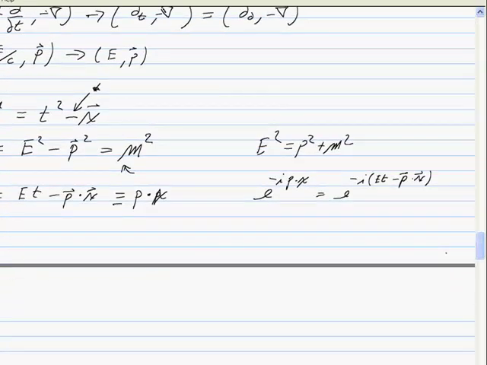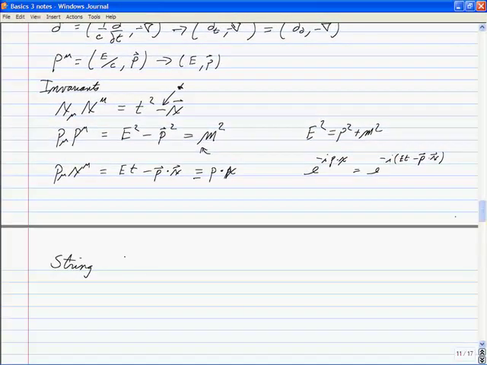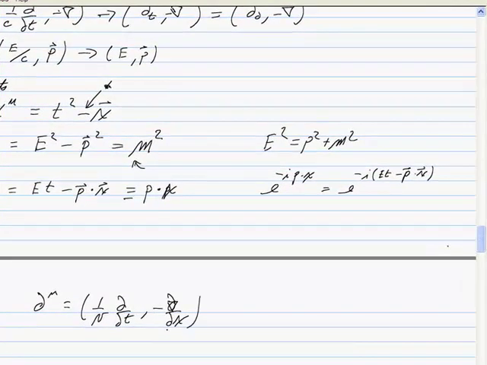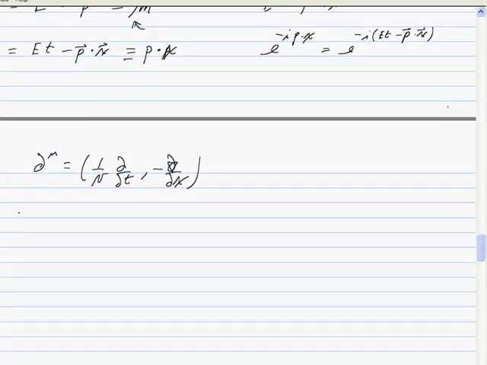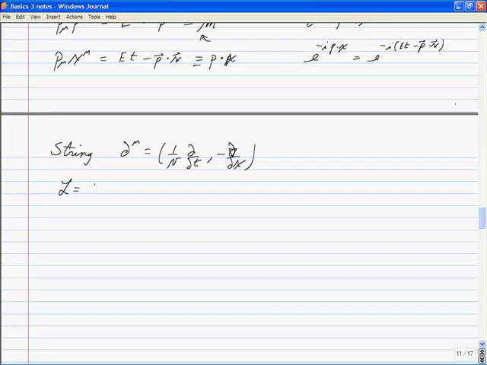For our string problem, if we tried to adopt this notation, we'd write this as 1 over v d by dt minus d by dx, so that the wave equation... I can't remember, the Lagrangian was 1/2 1 over v squared phi dot squared minus 1/2 del phi, d by dx, squared.